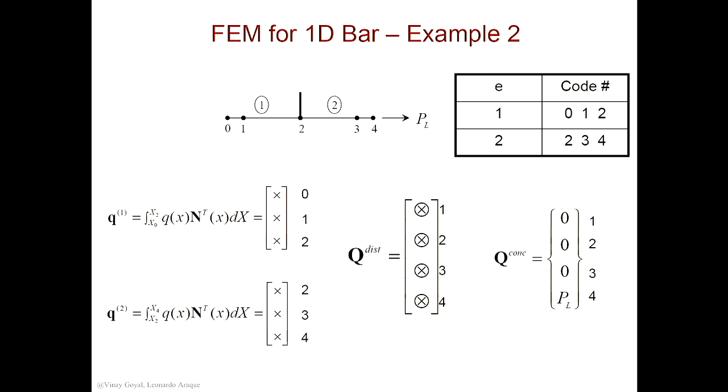And then for the concentrated forces, I have nothing applied except for the last one, PL. So I have a 4 by 4 global stiffness matrix, times a displacement vector with 4 unknowns. When I solve them, I know exactly what the displacement is right away. No conversion necessary. I know the displacement at every node. If I know the displacements, I know the strains. If I know the strains, I know the stresses.